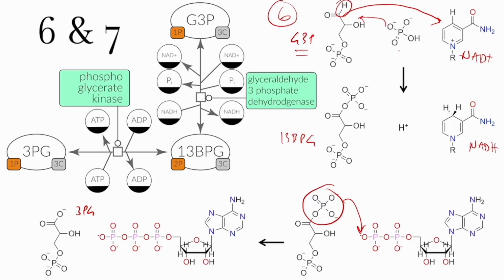Yes, annoying nomenclature. Sorry, it's the way that the world works. But what you might notice is we've gone from an aldehyde up here to a carboxylate here. So we've done a net oxidation of this carbon. And the other way we might know that is because we've had to reduce something, right? We've reduced an NAD+ to an NADH. So there was an oxidation reaction that happened while we were also doing a phosphorylation reaction.